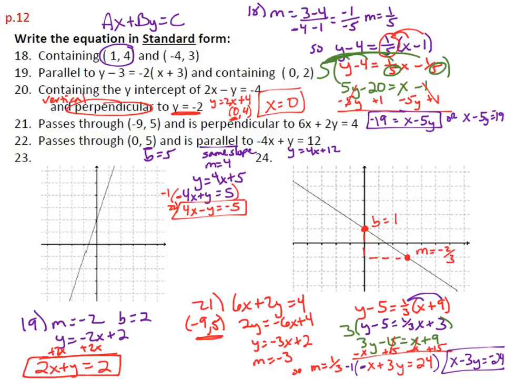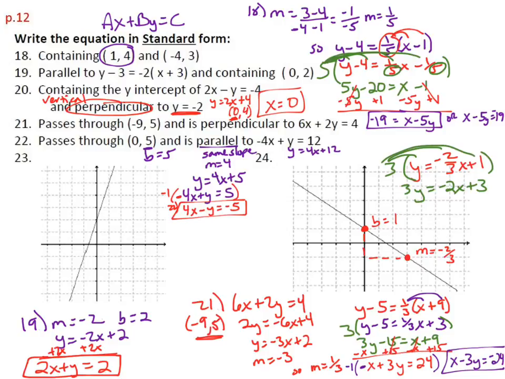So I can write my equation as y = -2/3 x + 1. I'm going to get rid of my fraction first, multiplying by that denominator of 3. So I have 3y = -2x + 3 if I distribute to everything in the equation.